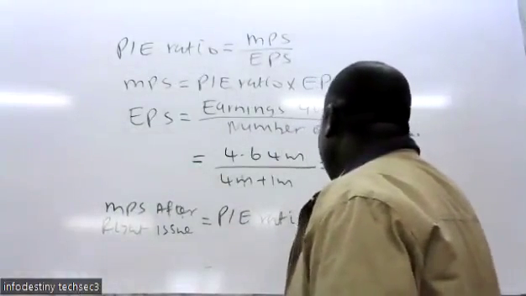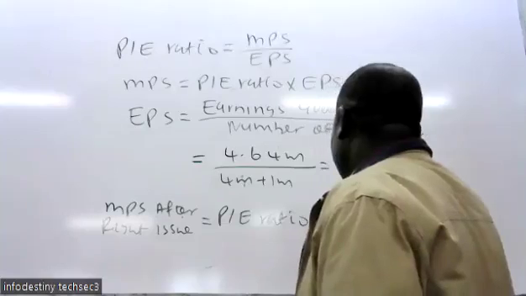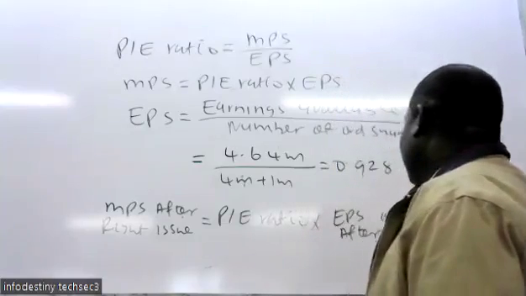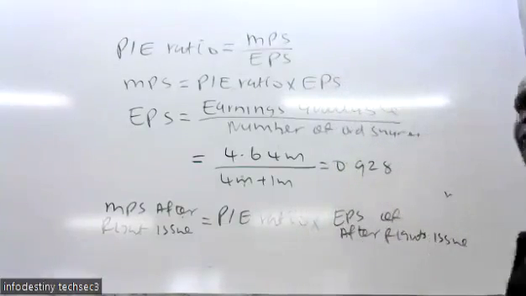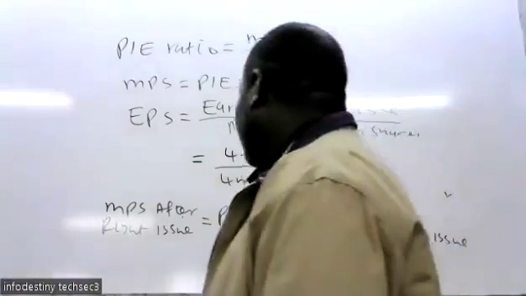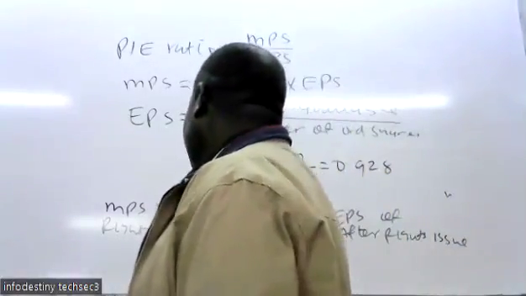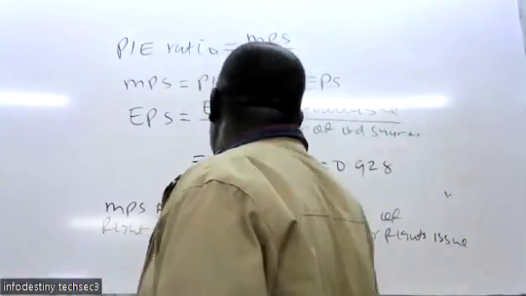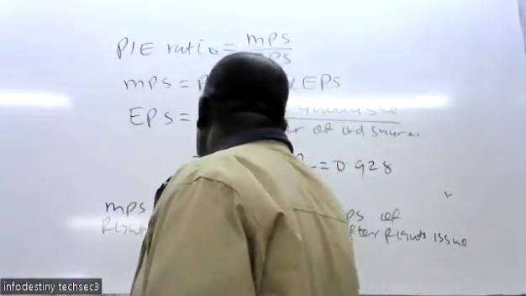When you want to compute the value of the share after the right issue, it is the same as the market price per share after the right issue. We just take the price earning ratio multiplied by the earning per share after the right issue. So the price earning ratio will remain, was it 10? Then multiply by 0.928.